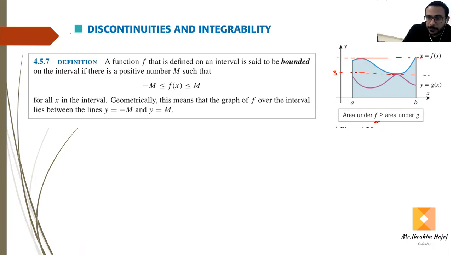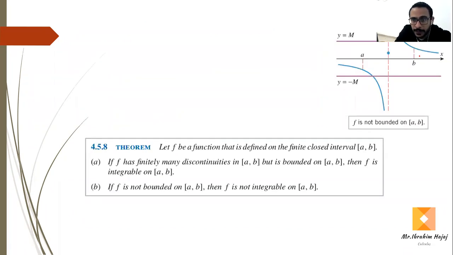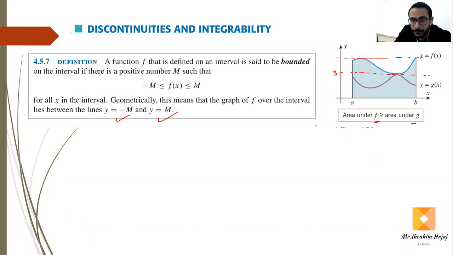The area under f is greater than or equal to the area below, y equals m, y equals negative m. Someone asked: I didn't understand, can you repeat? Again, function f is bounded between two numbers, negative m and m, one positive, and there is a positive number m, like 3 or 4, such that the function itself lies between them. f of x bounded means lying between two lines.